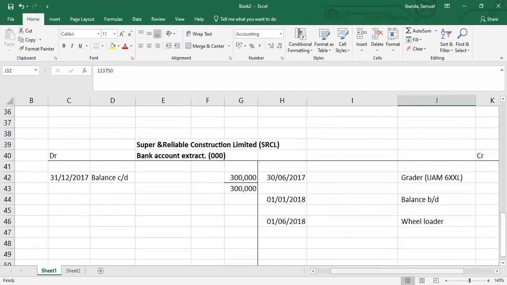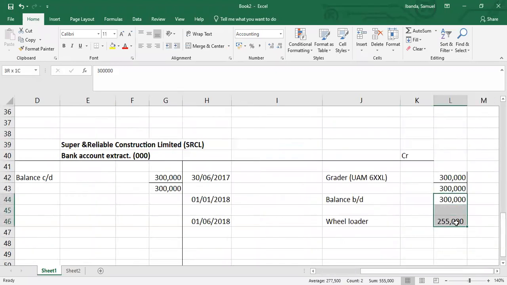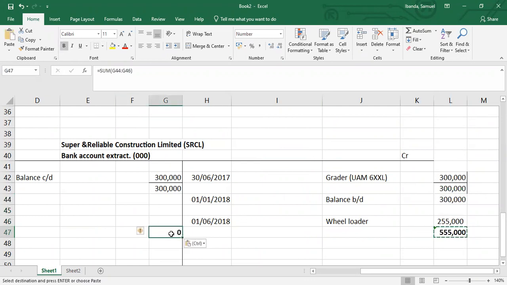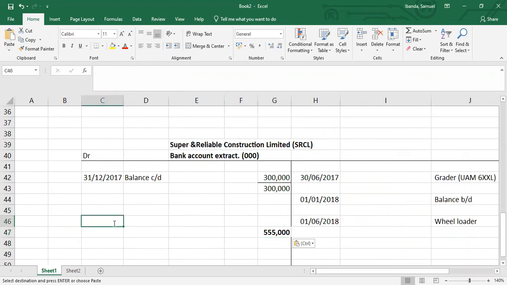Right here, can balance off. This is 55. So the total here is 55. We can try to put it there. And then we have the same amount here. So this is 31st December 2018.